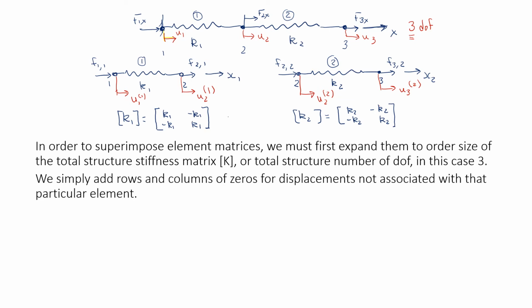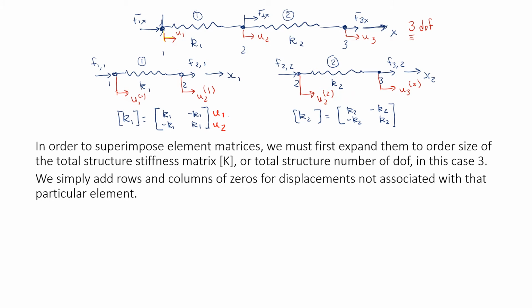We simply add rows and columns of zeros for displacements that are not associated with that particular element. So let's see exactly how we're going to do it here. If you look at element 1, the degrees of freedom are associated with U1 and U2. So U3 does not exist in the stiffness matrix of element 1.